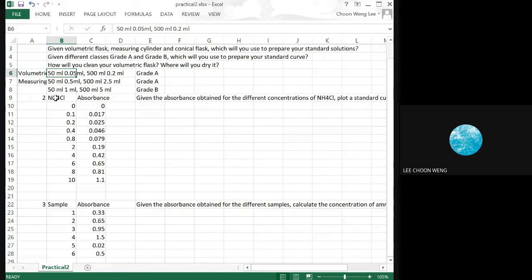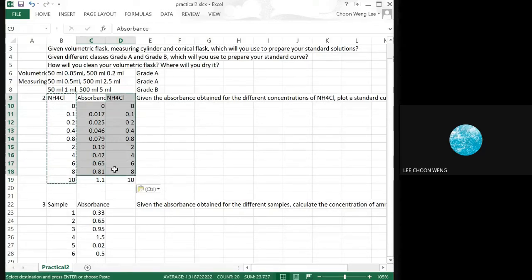So once you've done, let's say you prepared your concentration in micromolar, then you measure and you obtain an absorbance. So let's plot a standard curve. It should be quite straightforward. You select the data that you are interested in, then you plot a graph.